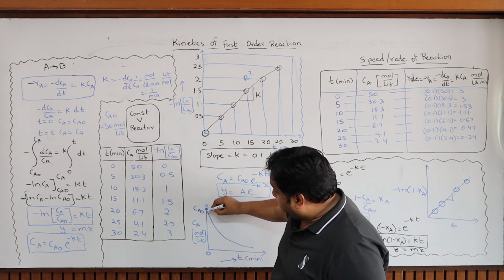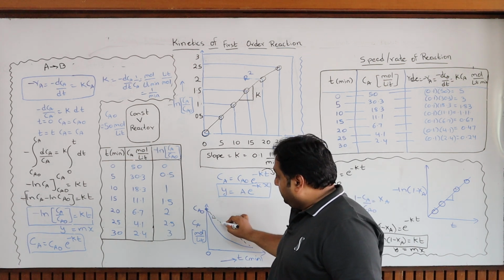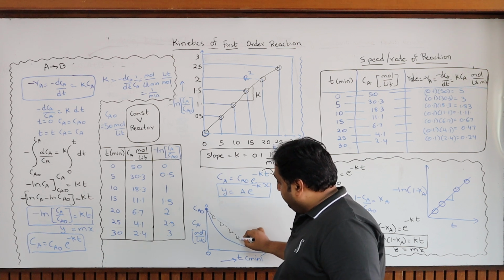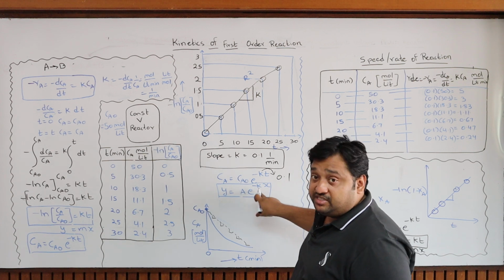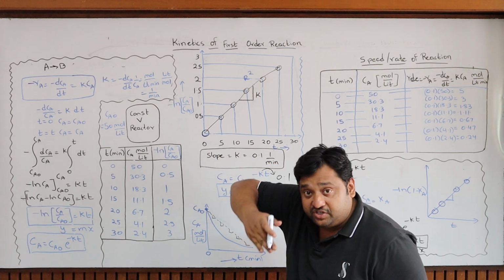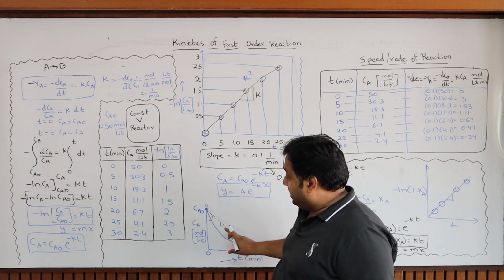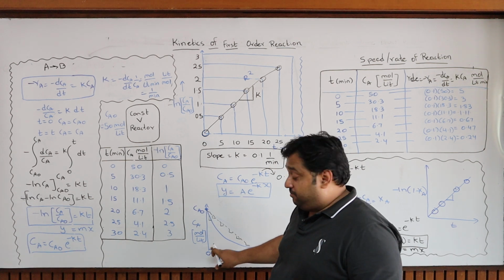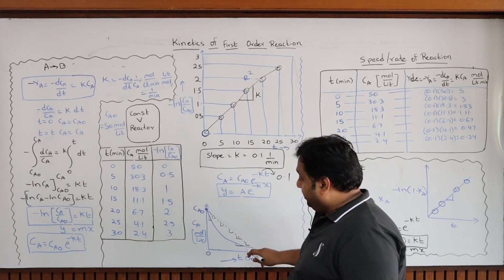Earlier for the 0 order reaction, the line is a straight line, and the slope is constant everywhere. Now for the first order reaction, because this is an exponential function, the concentration of A will drop exponentially. That means the slope of the line is higher at smaller time. As the reaction proceeds further, the slope is getting reduced.